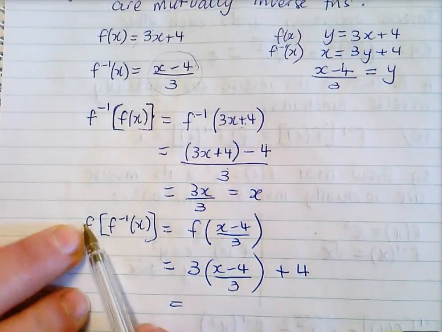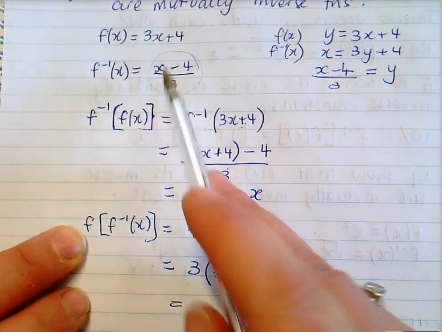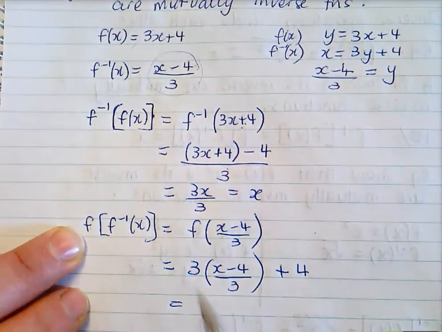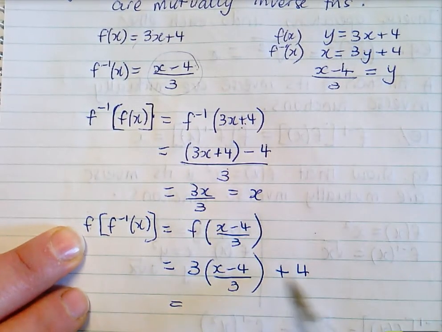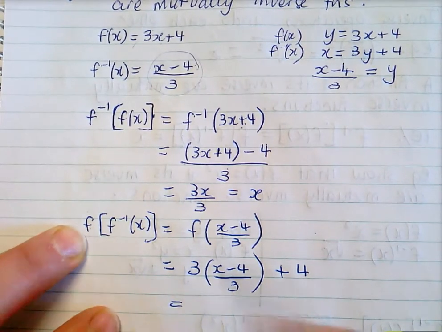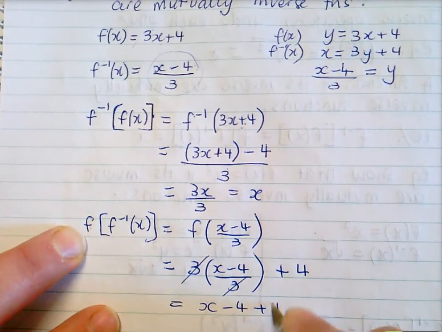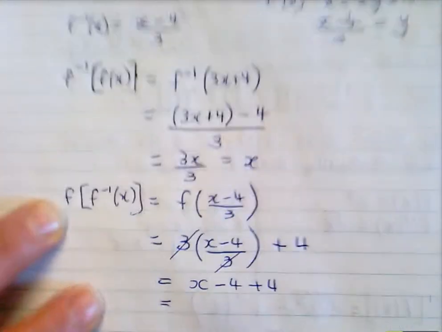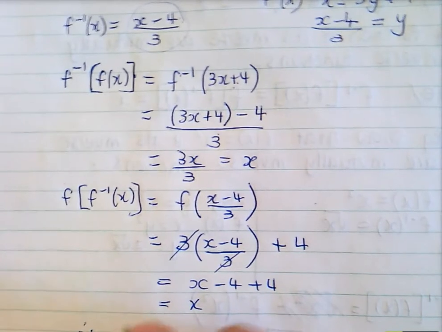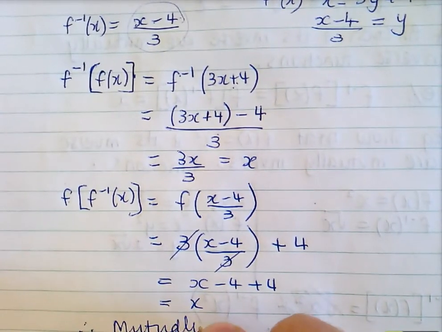Start with the original function and substitute the inverse into the x value. So it's 3 times x minus 4 divided by 3 plus 4. What happens with the 3's? Cancel, and I've got x minus 4 plus 4, which is x. So therefore, they're mutually inverse functions.